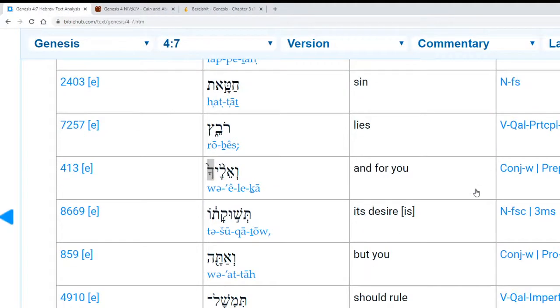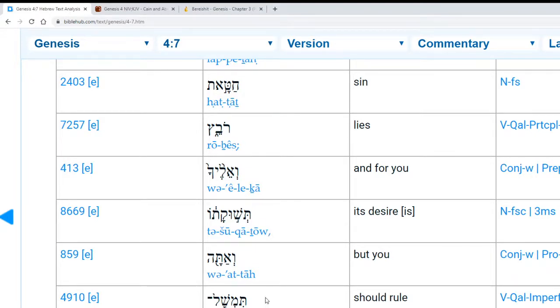Ve'elecha teshukato ve'ata timshol bo. And upon you is his desire, talking about sin.